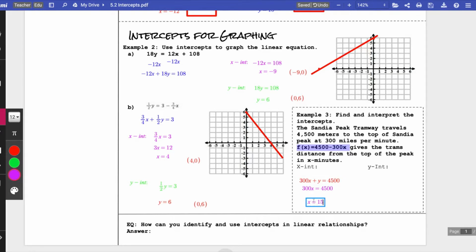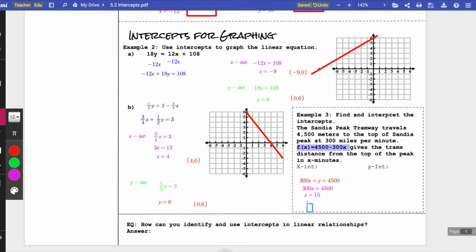So what does 15 mean? Remember, 15 is the x-intercept. So if I thought about this as a graph, then 15 is over here. Remember, 15 is time. And f of x represents distance from peak, so height. Then at 15 minutes, that would represent where the tram started, right?